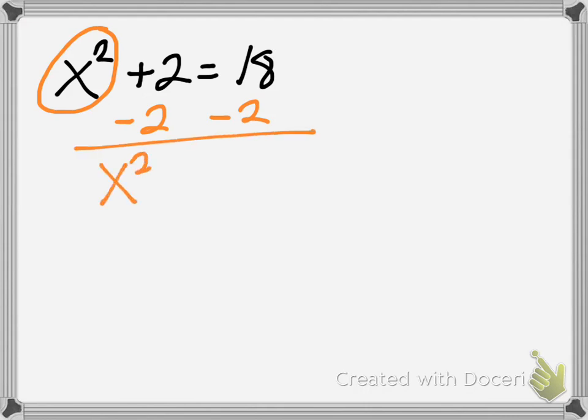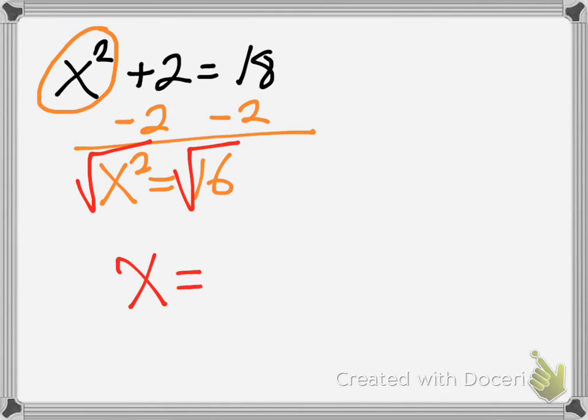That gives us x squared equals 16. Now the x squared is all by itself, so we can square root both sides. A square and a square root will cancel to give us x equals plus minus the square root of 16, which is 4. x equals plus and minus 4.